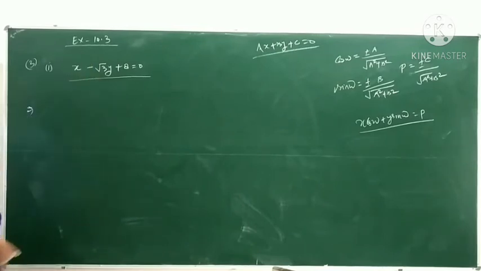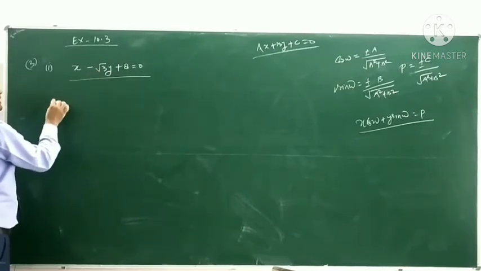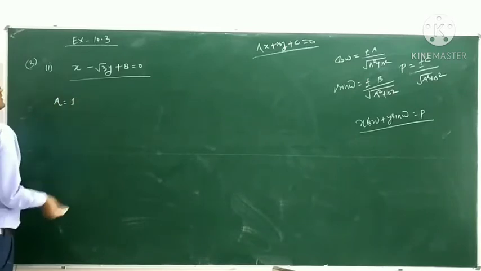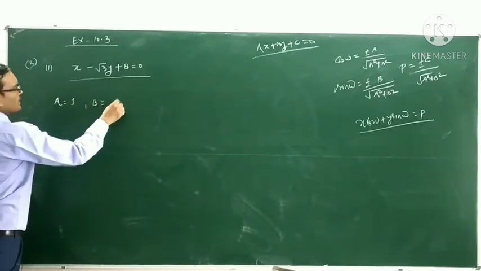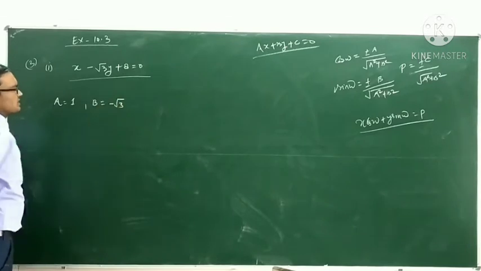Okay students, here we find the value of a is 1 and the value of b is minus square root 3.